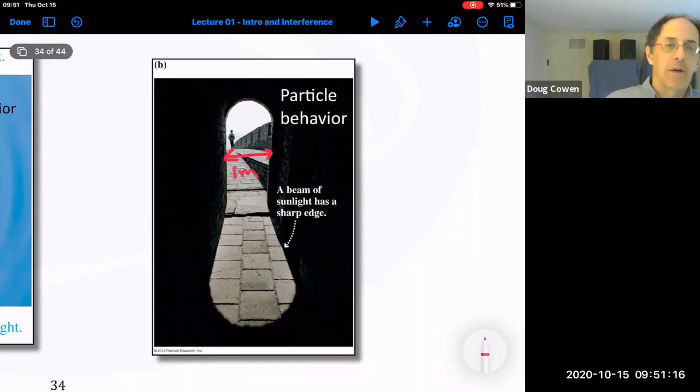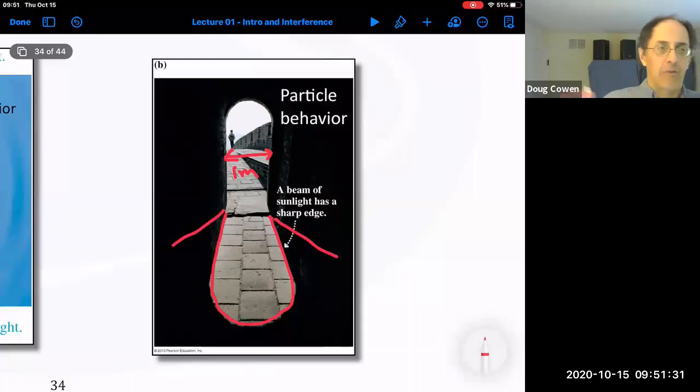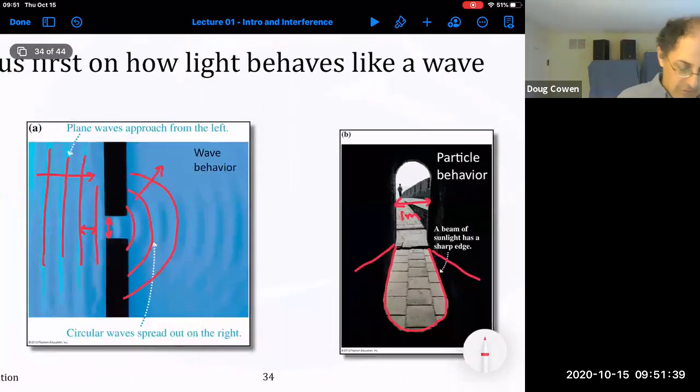So the opening is much, much larger than the wavelength of the light. What you get is basically this sharp outline, and you don't see any light over here or over here. So the light doesn't spread around the opening like these water waves spread around the opening as shown here.